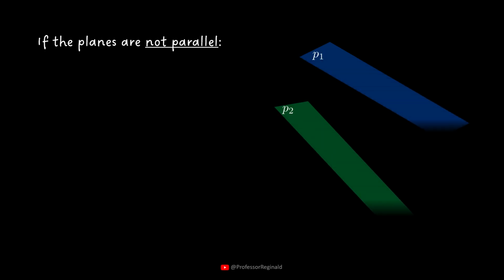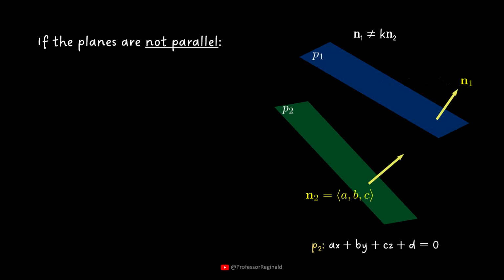What if the planes are not parallel? Let us draw the same setup, except that the planes are not parallel. Consider one of the planes, and a point in the other plane.